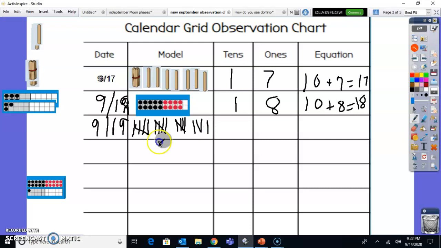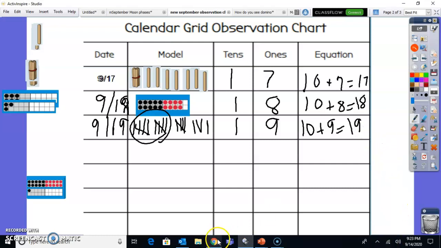Okay, and I can circle that group of 10. So I have one group of 10, 9 ones, and my equation is 10 plus 9 equals 19.